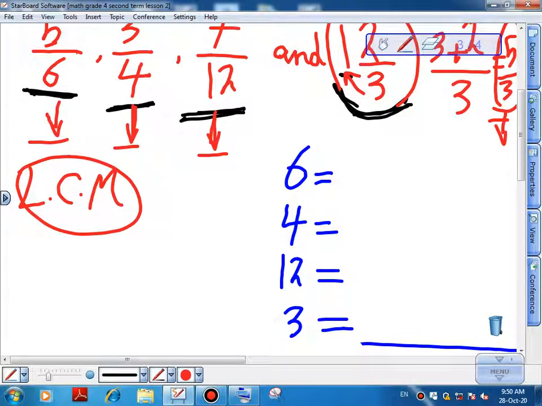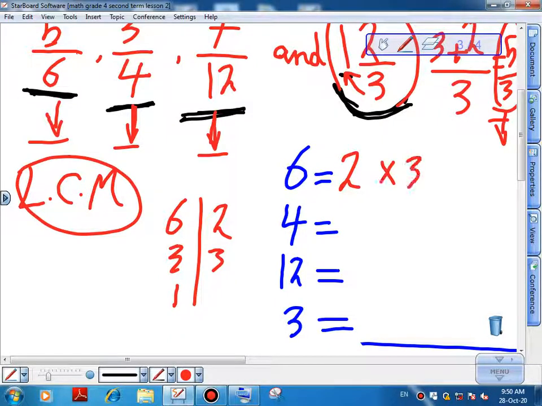If we take number 6 and factorize number 6, 6 divided by 2 equal to 3, 3 divided by 3 equal to 1, so 6 comes from 2 times 3. If we factorize number 4, 4 divided by 2 equal to 2, divided by 2 equal to 1.